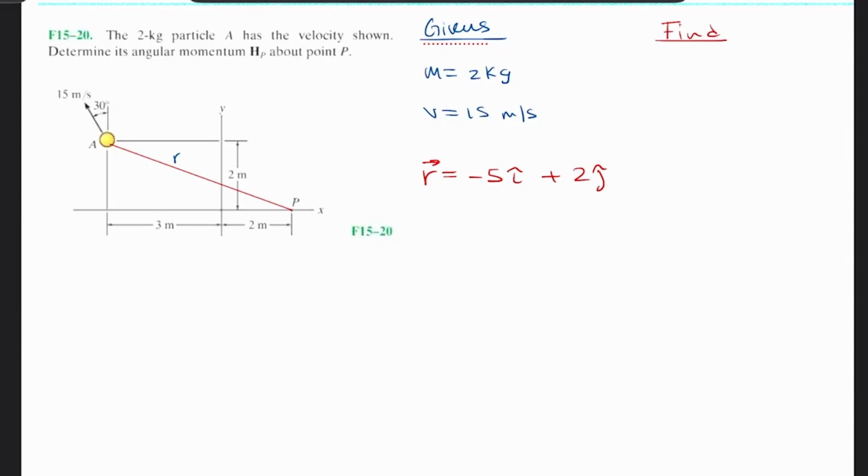Similarly, we can break up its components of velocity. What is the component of velocity? Notice we have an angle of 30 degrees acting right there.